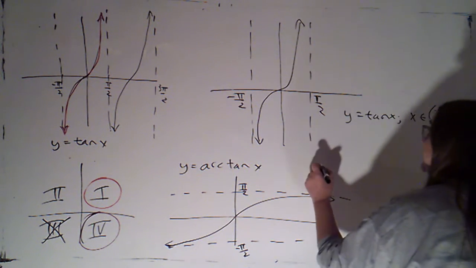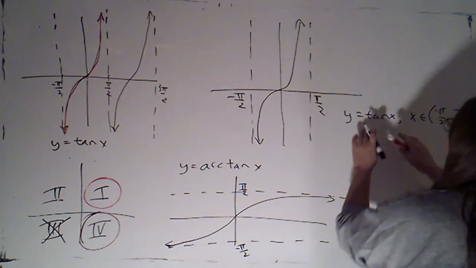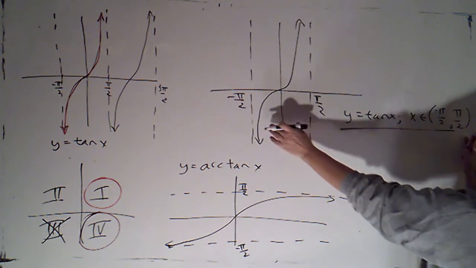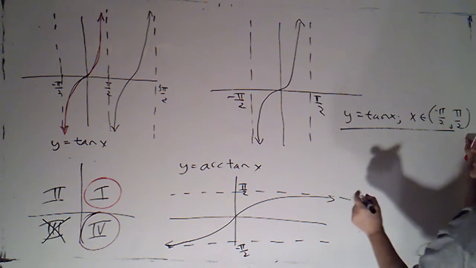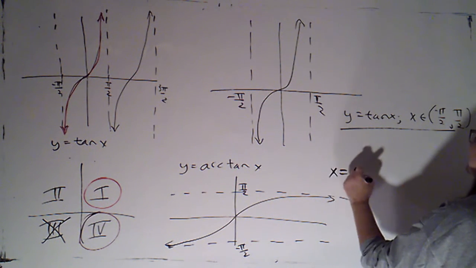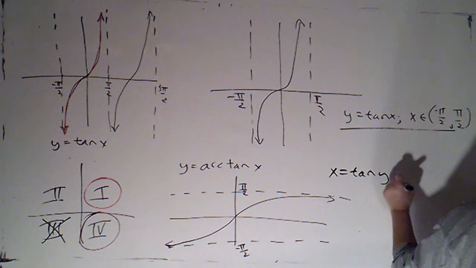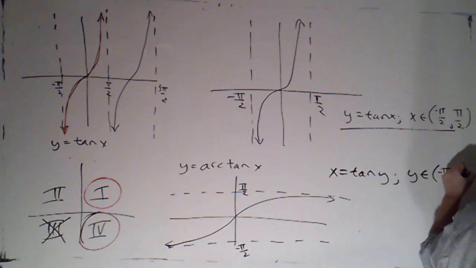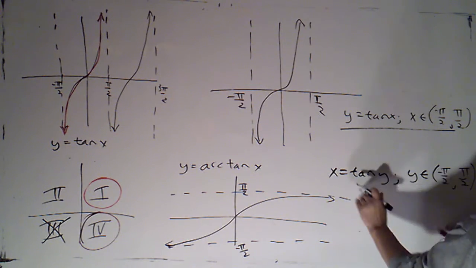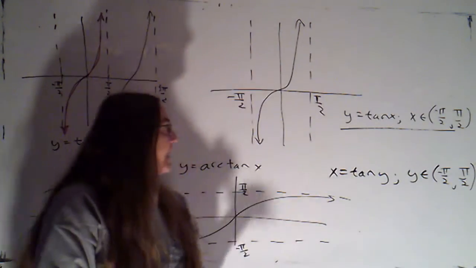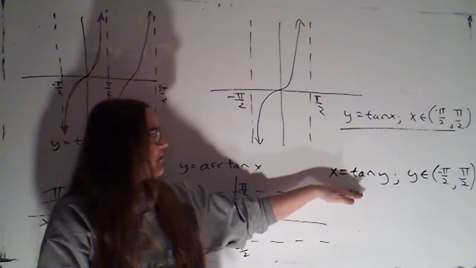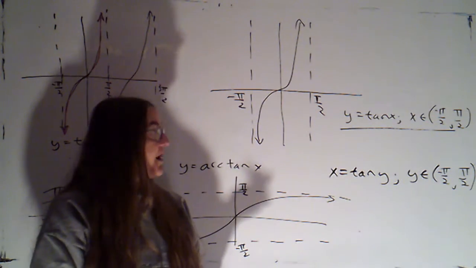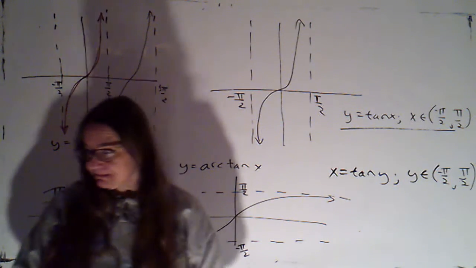Of course, what this means is we get it by simply switching the roles of x and y in the description of tangent with the appropriately restricted domain. So it's x equals tangent of y, with y in the interval from negative pi over 2 to pi over 2. So that's the function that we're working with. So go ahead and pause the video, work out the derivative of that one for me.